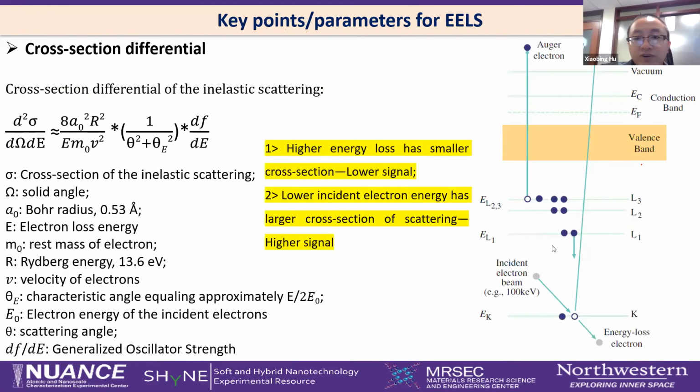Okay, now let's go to EELS. For EELS, the most important parameter is the differential cross-section. You can use a formula to calculate this, but I will point out some important things.